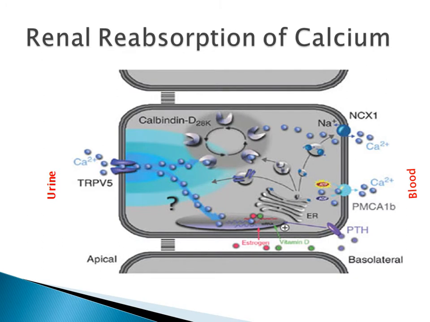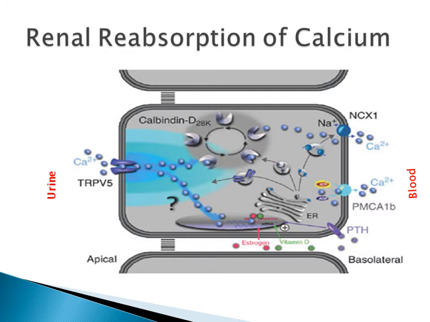Okay, here's a graphic of the renal reabsorption of calcium. You can spend some time reviewing this, but I just wanted to point out that there's a lot to it.